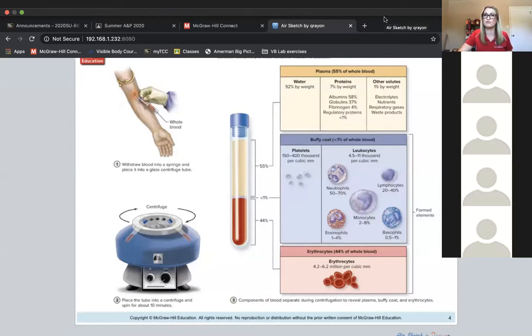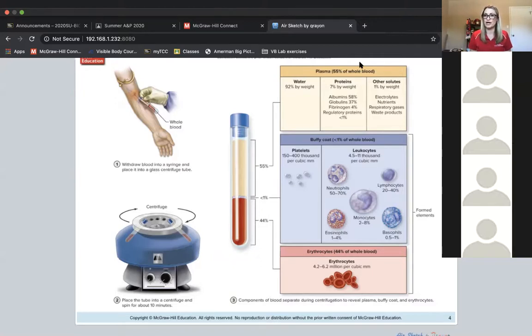Okay, I was wondering if I would see if somebody chats. And I do see it. The question is, do we need to know the exact percent for our exam? I would like you to know the percent of the whole blood, so like the 55, 1, and 44.